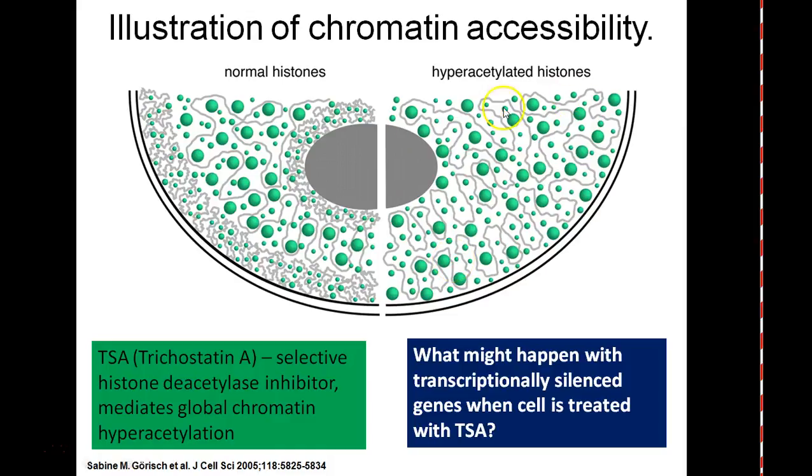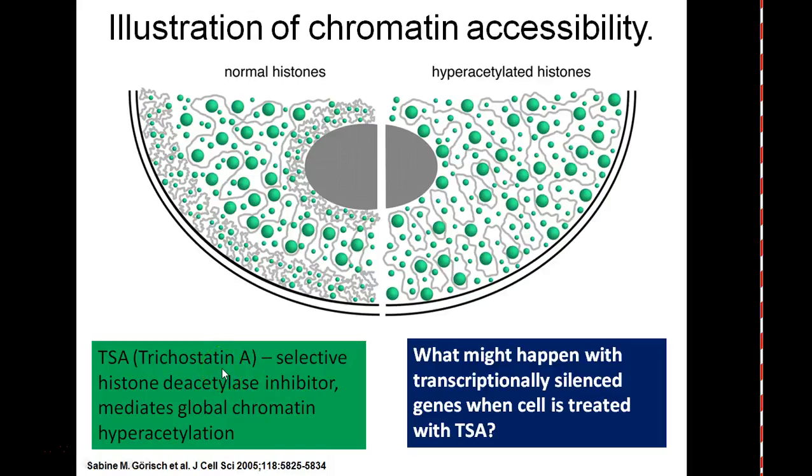So right now, all of those molecules have even access virtually to any region within this chromatin. And we can transition between this state and this state using trichostatin A, which is a selective inhibitor of the histone deacetylase enzymes.